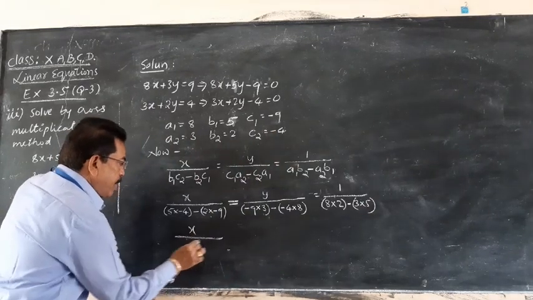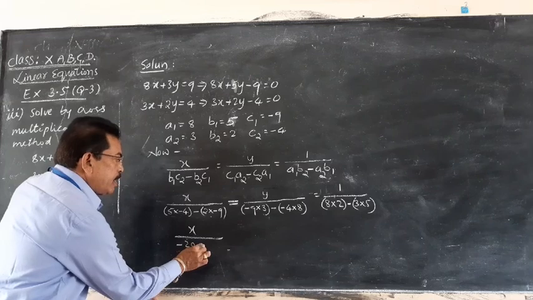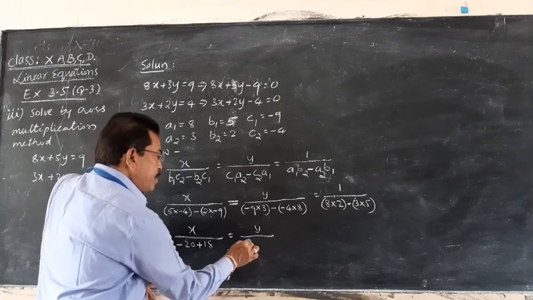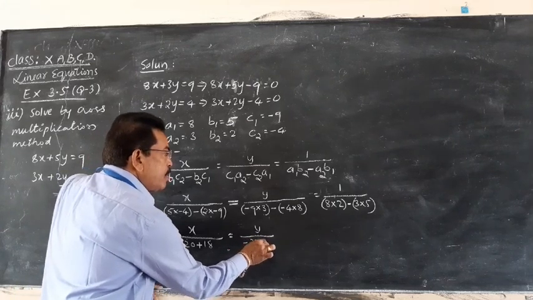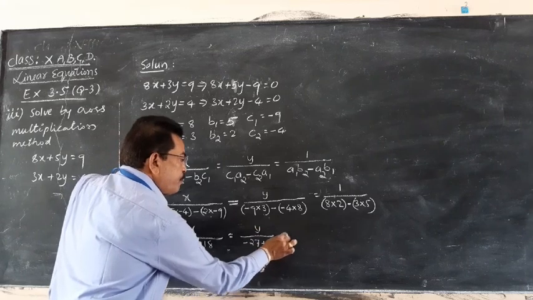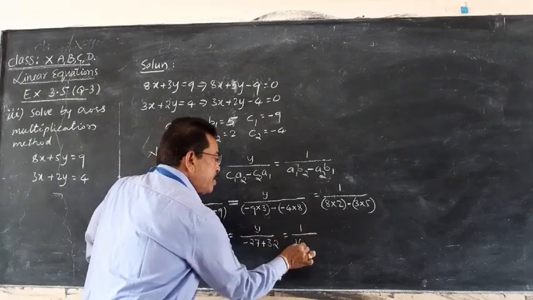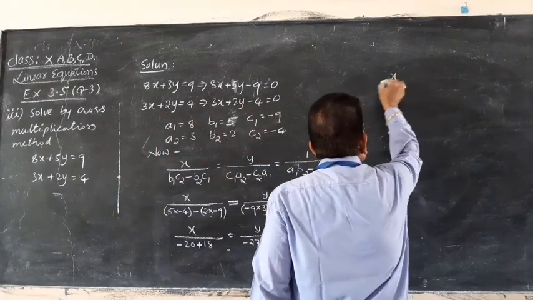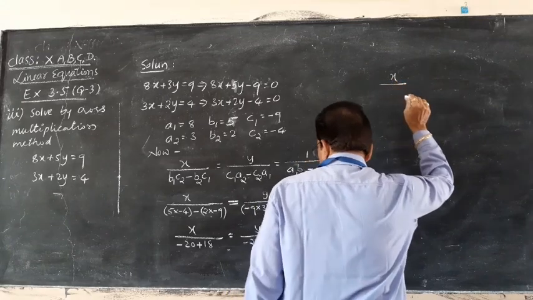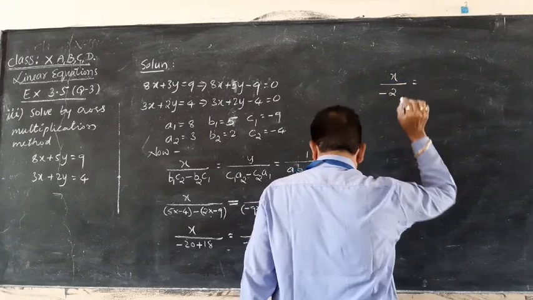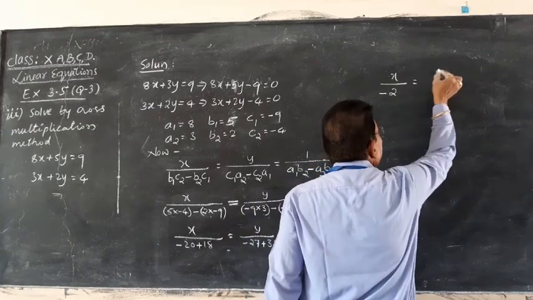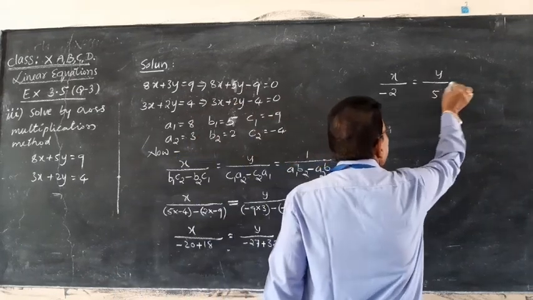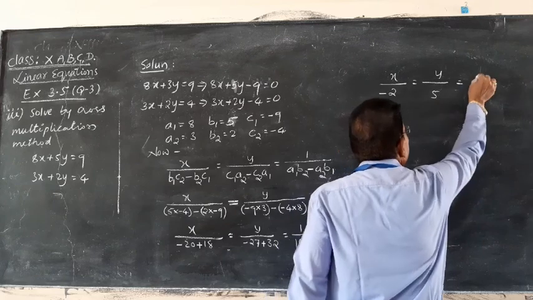Okay, x divided by minus 20 plus 18, then y divided by minus 27 plus 32 equals to 1 divided by 16 minus 15. Then x divided by minus 20 plus 18, that is minus 2, equals to y divided by minus 27 plus 32, that is 5, equals to 1 divided by 16 minus 15, that is 1.